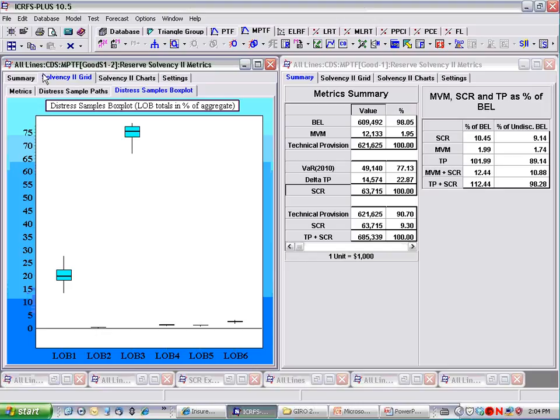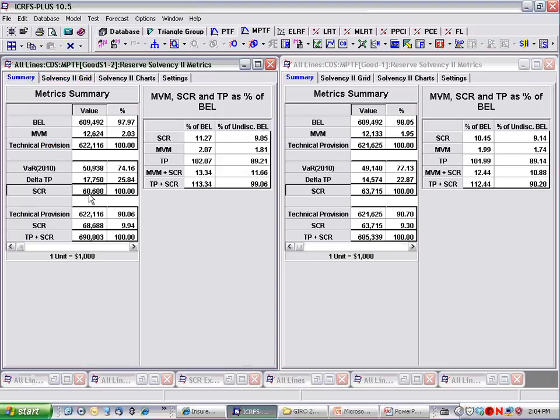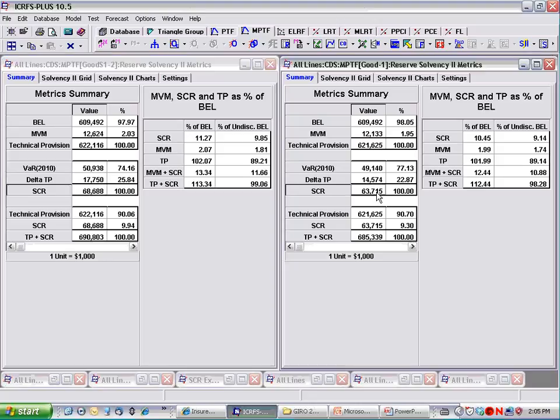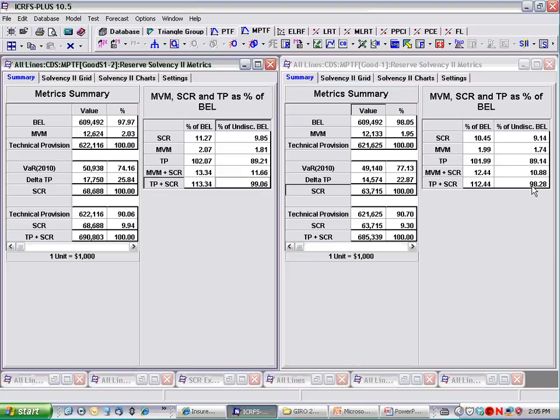And as a result of those two phenomena or conditions, you can see the risk capital was 68.68 million versus 63.75 million. That's in aggregate, not really much more. The total capital as a percentage of the mean undiscounted BEL is 99% versus 98%.